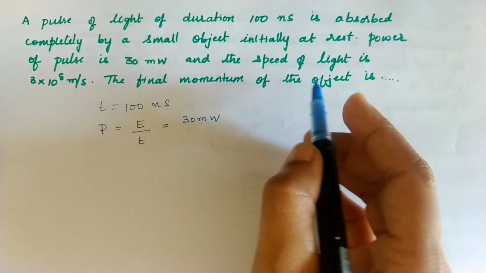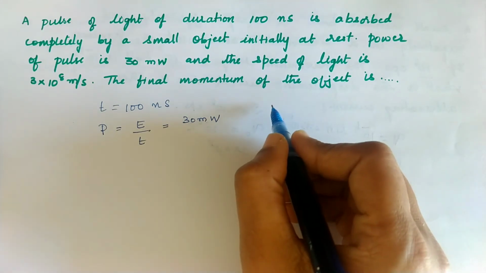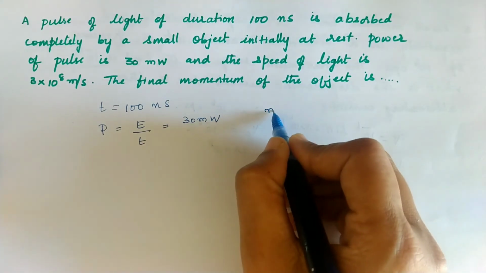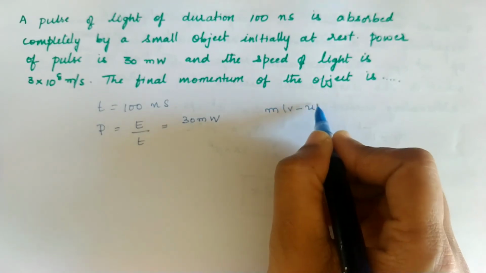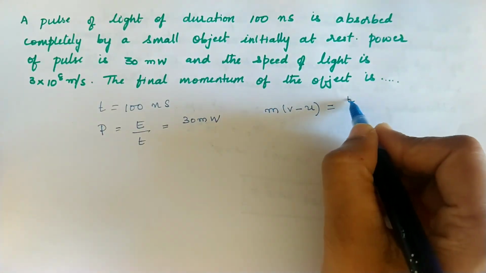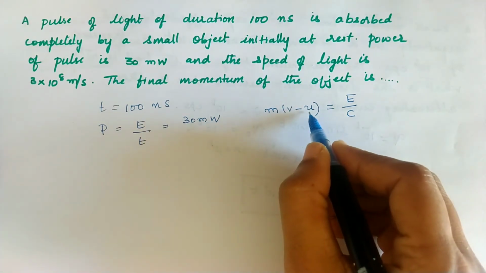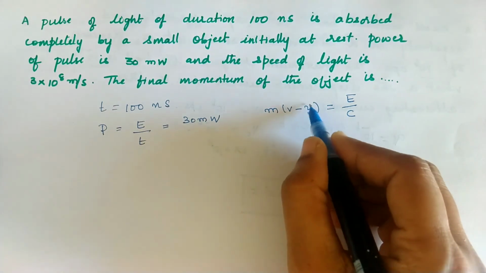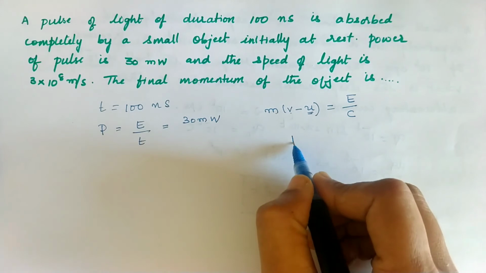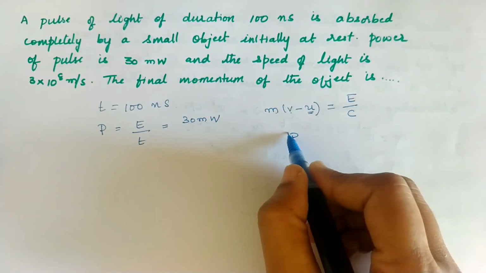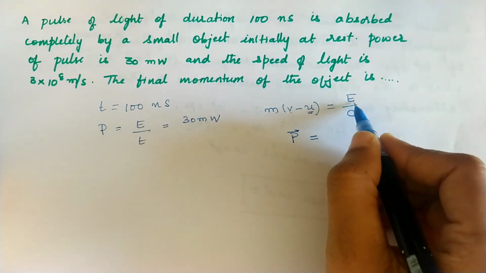Find the final momentum. We know momentum transferred by an electromagnetic radiation, m into v minus u, is E divided by C, where E represents energy. Since the object is initially at rest, m into v, the final momentum, I'll write it as a vector, is E by C.